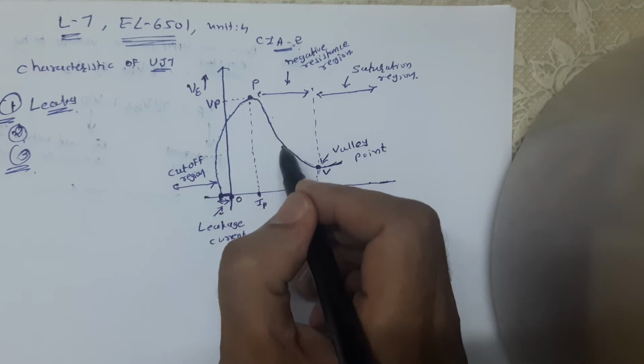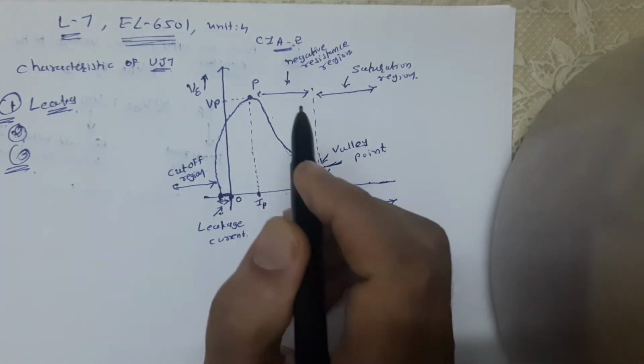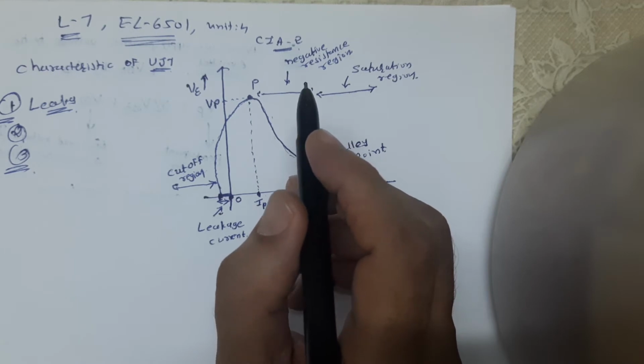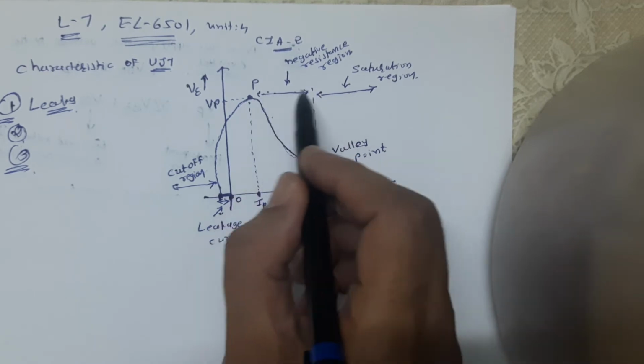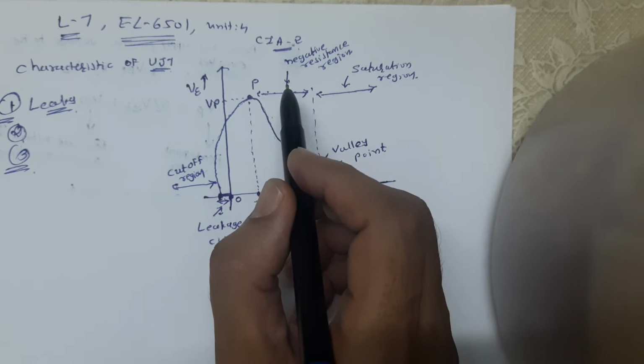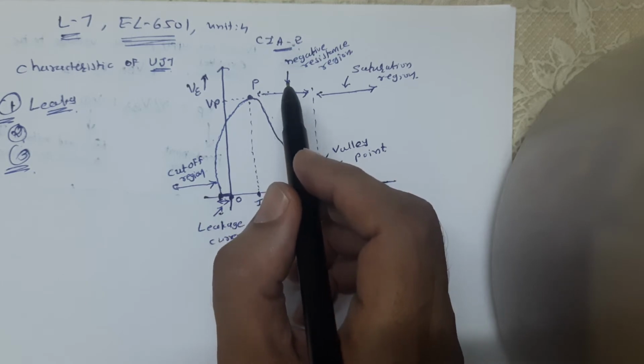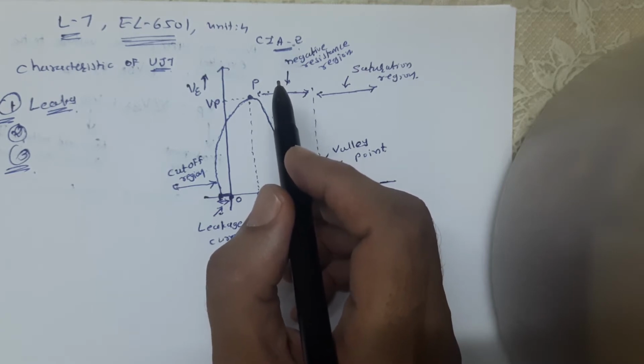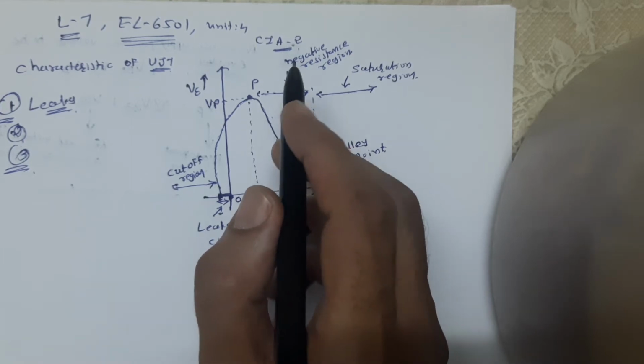This is the negative resistance portion of the curve, known as the negative resistance region. The device therefore has a negative resistance region which is stable enough to be used with a great deal of reliability in many areas, for example trigger circuit, sawtooth generator, timing circuit, etc.